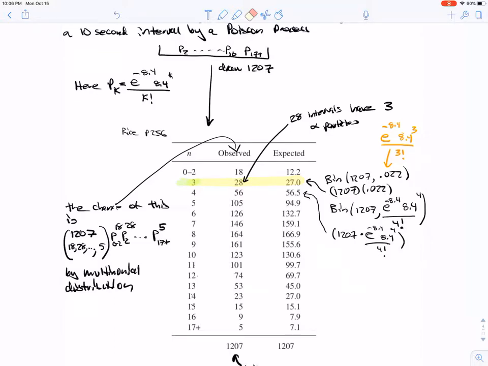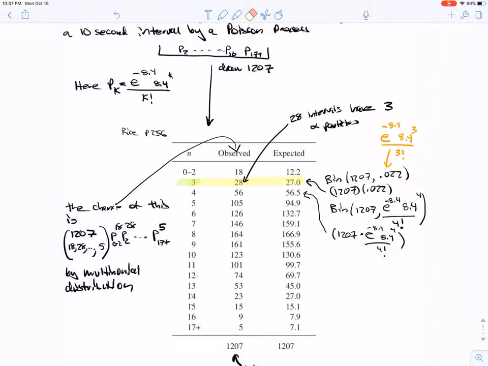For example, we got 28 intervals out of the 1,207 where there were 3 arrivals. 56 intervals had 4 arrivals. So these x2 to x17 follow a multinomial distribution where the p's are actually given by a Poisson distribution.